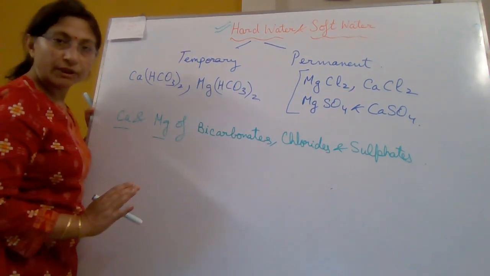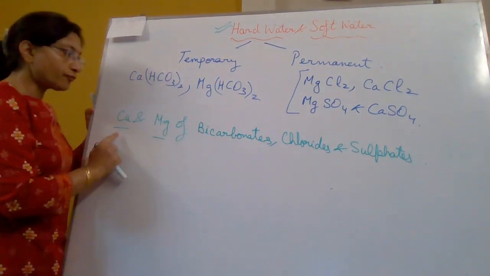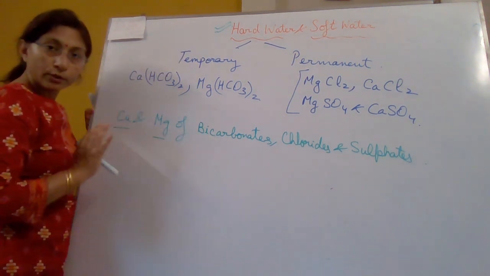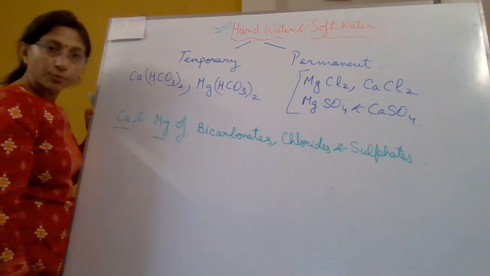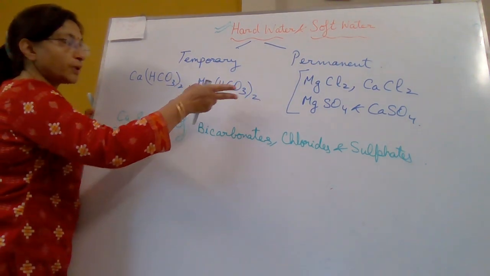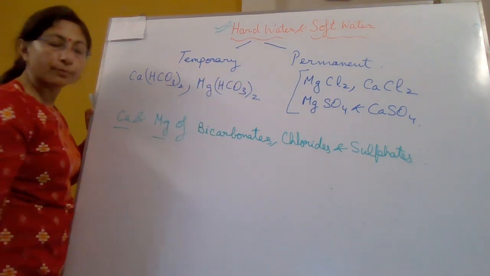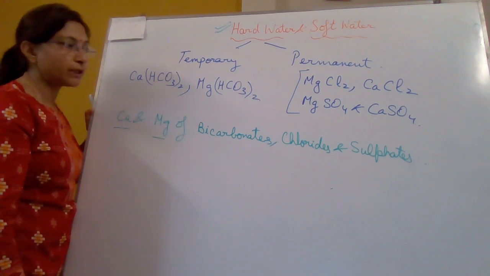So we must keep it in mind that although all these three salts of calcium and magnesium are present in hard water, since they are of two types, temporary and permanent, temporary consists of only the bicarbonates, whereas the permanent hard water has the chlorides and sulfates of calcium and magnesium.